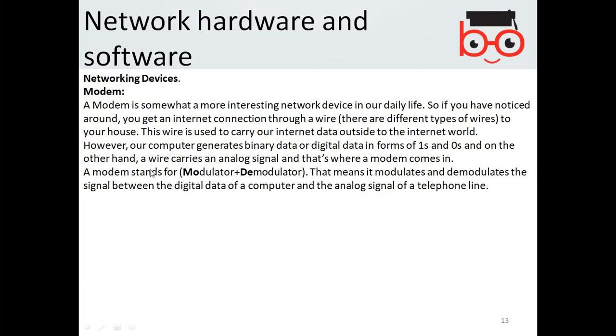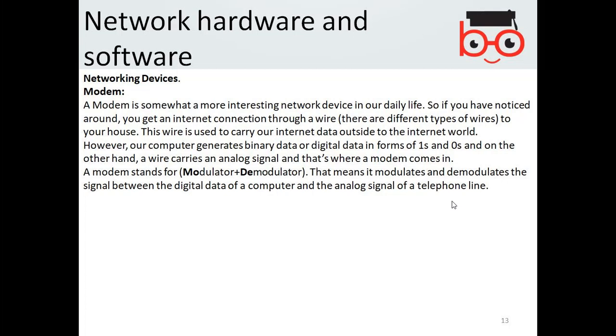So, a modem stands for modulator demodulator. That means it modulates and demodulates the signal between the digital data of a computer and the analog signal of a telephone line. Basically the telephone line is the analog device. So it modulates and demodulates, decodes and encodes, analog data to digital data and digital data to analog data.